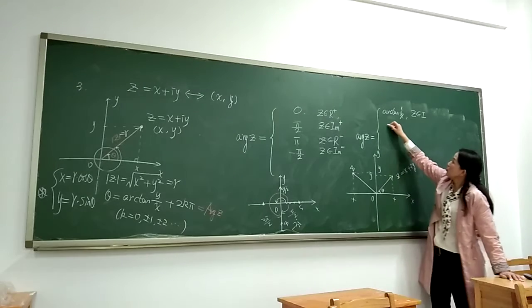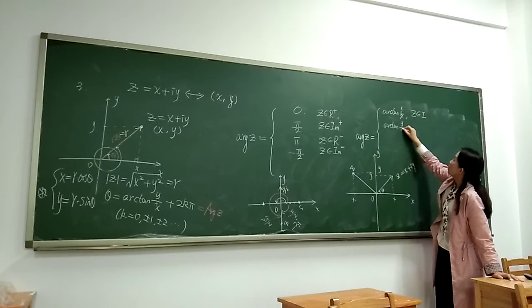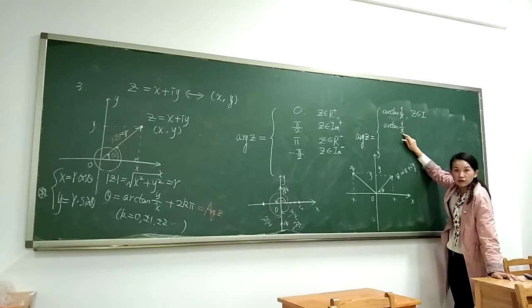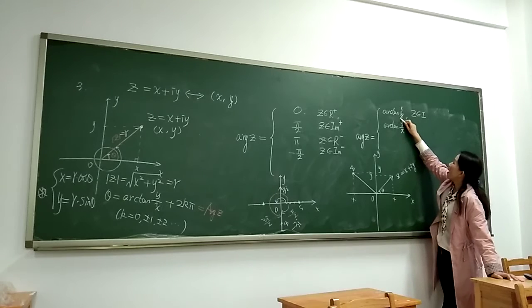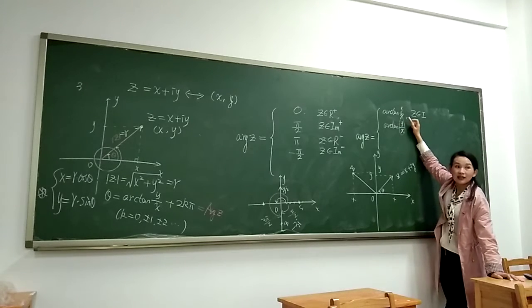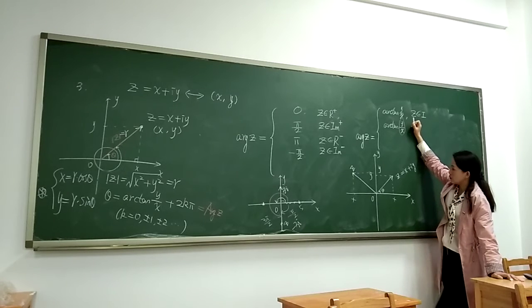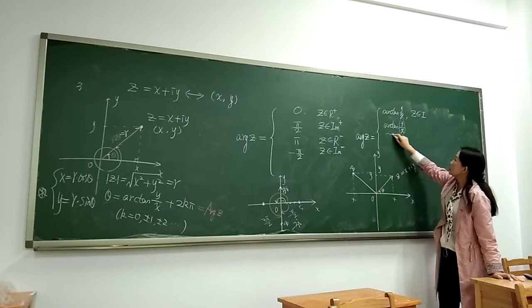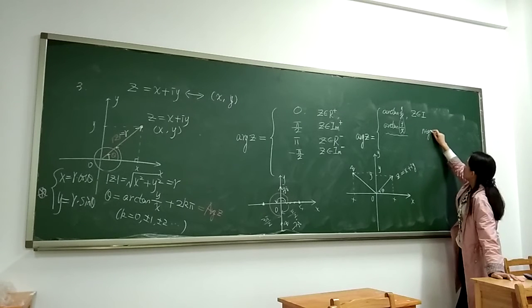So if you write arctangent of y over x, you see x is negative, y is positive. So y over x is negative. Yes or no? If y over x is negative, so this angle is a negative angle.